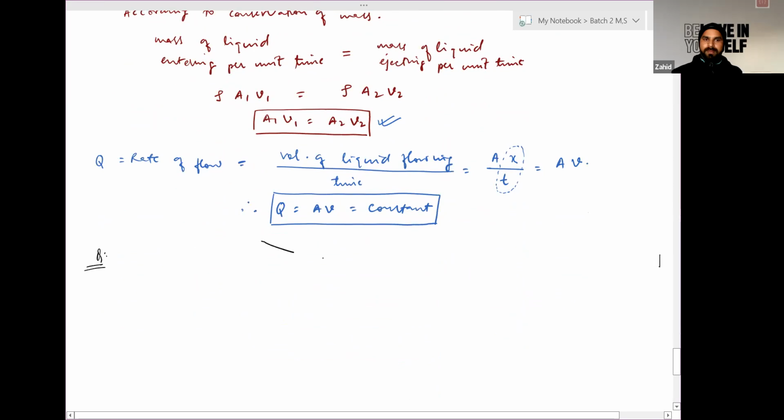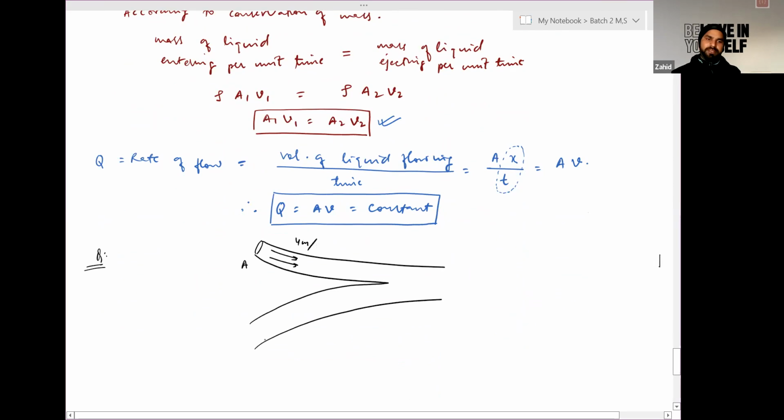Suppose there is a tube having area of cross section A through which liquid is entering at 4 meter per second. This having area of cross section 2A through which liquid is flowing at 3 meter per second.